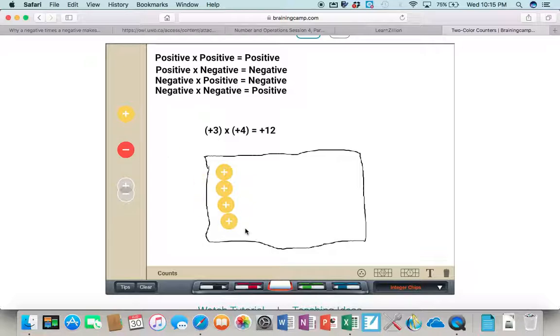Then I'm going to have another group of positive 4 and another group of positive 4. So I have added 3 groups of positive 4. One group, 2 groups, 3 groups, and as you can see the answer is positive 12.